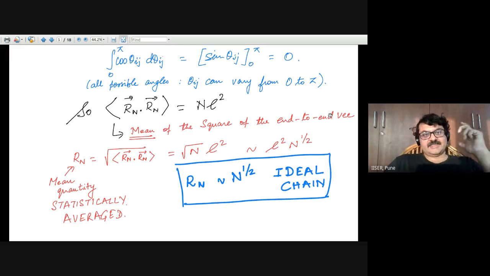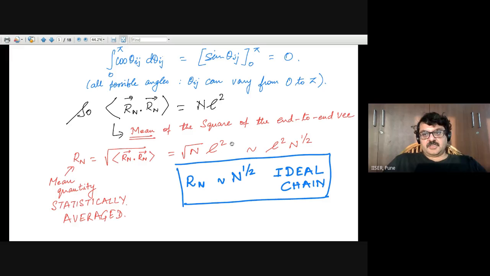So that's the distance again, right? Because this is distance square. And what you see is that the end-to-end distance goes as square root of n, where n is the number of vectors, the number of bonds in the polymer chain, right?